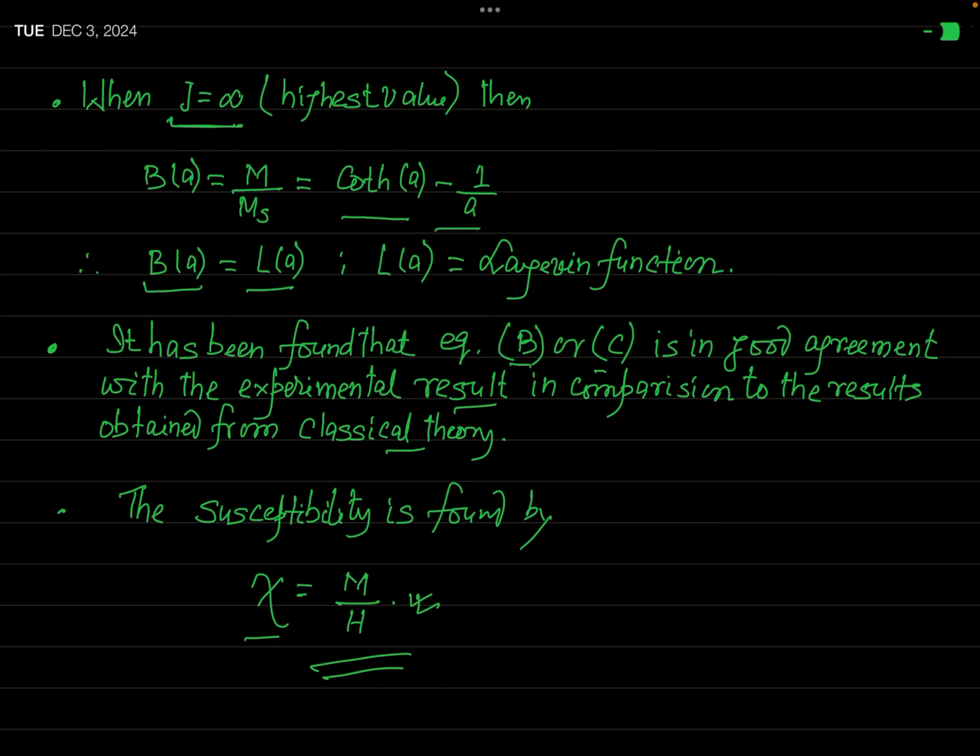The result for the magnetization and susceptibility obtained by classical theory slightly deviates from the experimental value, but the result obtained in this case by the quantum mechanical theory agrees very well with the experimental result. So quantum theory is superior to the classical theory.